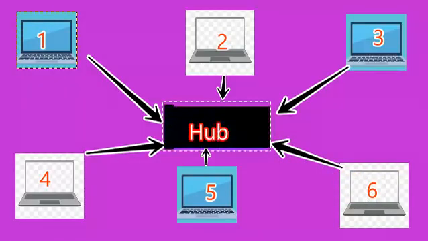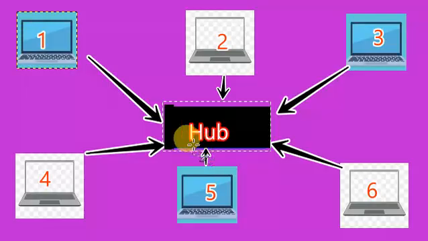Here is another device called the hub. A hub does similar work to a switch, but it is not as intelligent as a switch. In the case of a hub, it receives the data and connects it to every other device on the network.